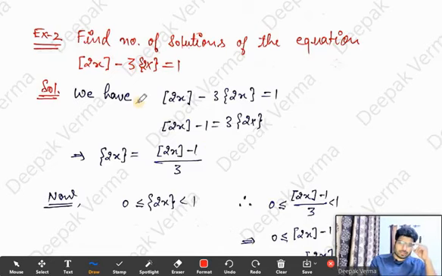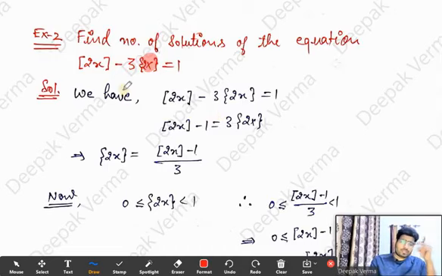We will try to put box 2x on one side, and the other, fractional part of 2x, on one side and the rest of the terms on the other side. Got it? So this is our line of thinking.